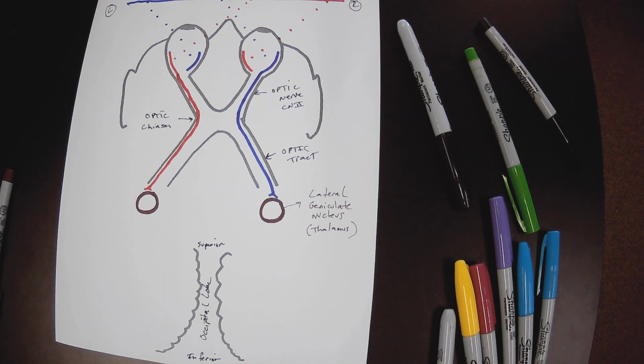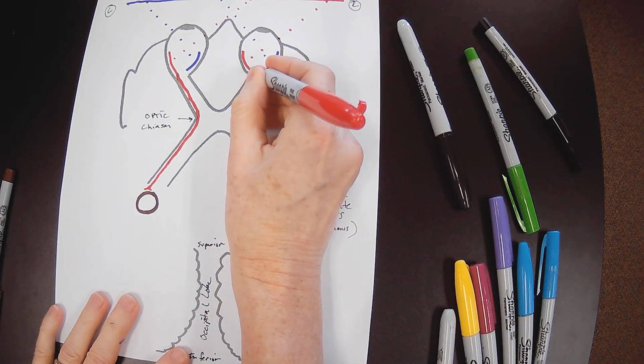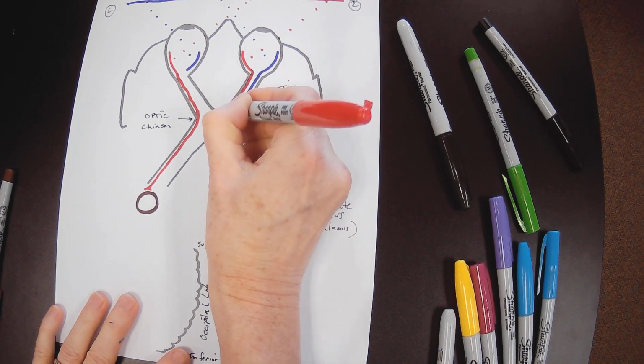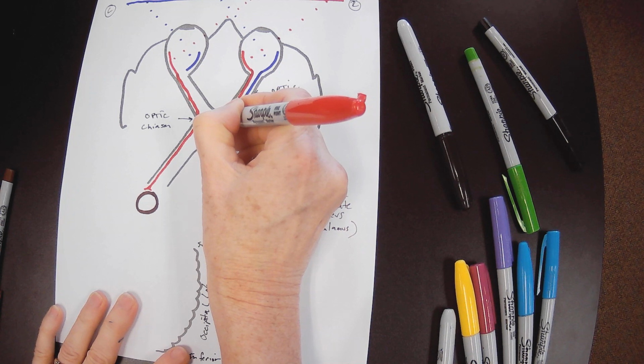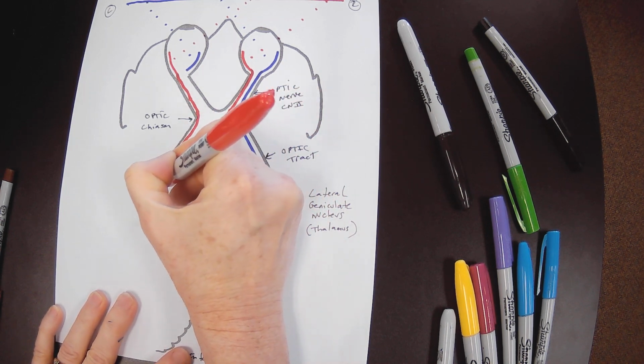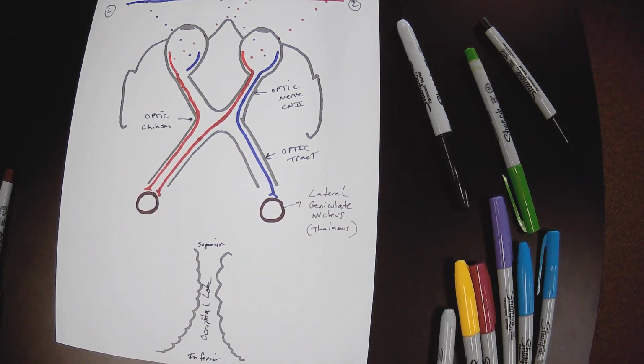Okay, back to the right eye. The nasal retina are going to do something different. Nothing's ever easy, right? So what happens is the nasal retina from the right eye come down through the optic nerve, and when it gets to the optic chiasm, of course, it's going to cross over to the other side and synapse with the contralateral lateral geniculate nucleus.